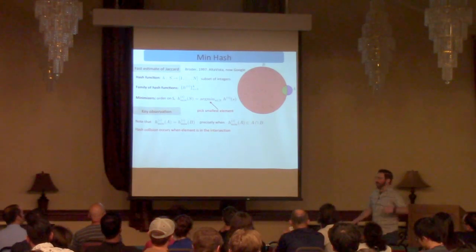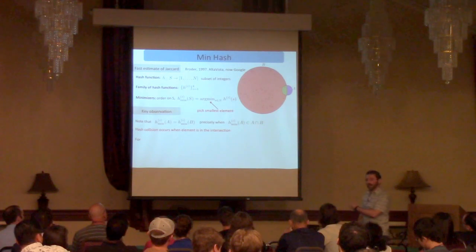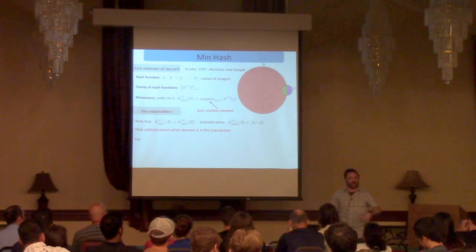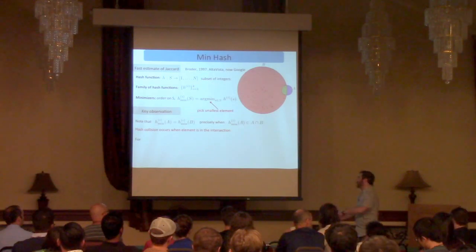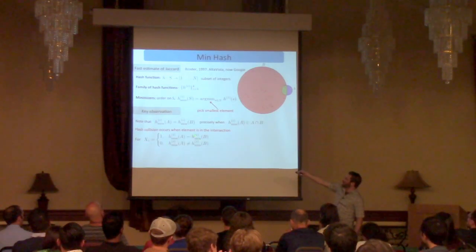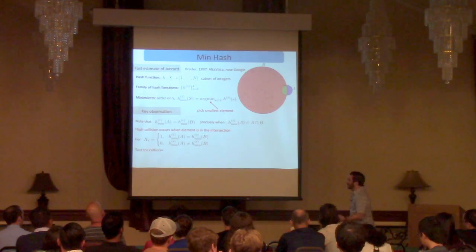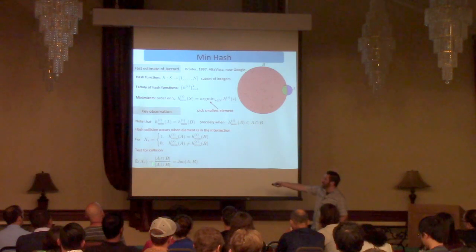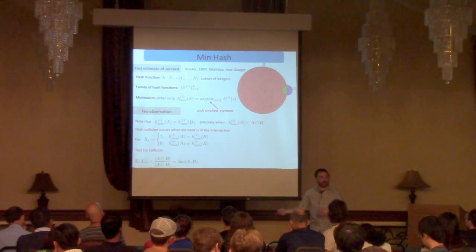We'll run through an example real quick. But basically, you can use this to create a random variable that tests: did the situation happen or did it not? So we define an indicator random variable, 0 or 1: did my hash functions collide or not? And it's pretty straightforward to see that the expected value of this random variable is equal to my Jaccard index.